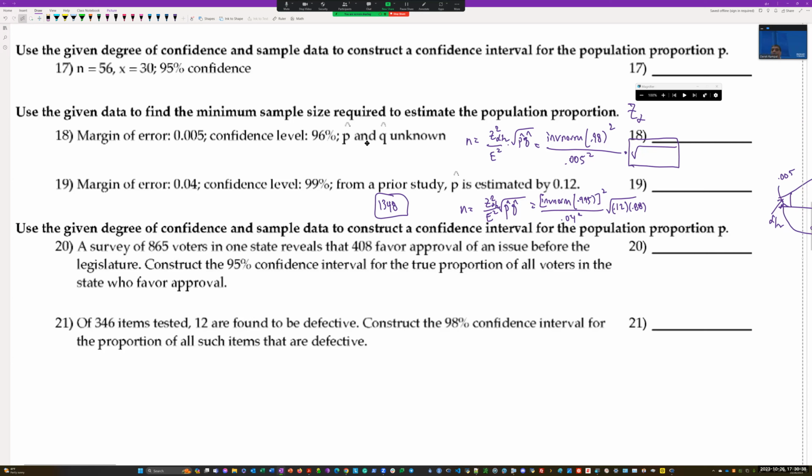So then if I don't know anything about what P hat and Q hat are, I really don't know anything then, right? I have to make sure that I can sample the most amount of people possible. But I don't want to sample too much because I don't want to waste my time. Does that make sense? So what's the maximum this could possibly be for a particular level of confidence, for a particular margin of error?